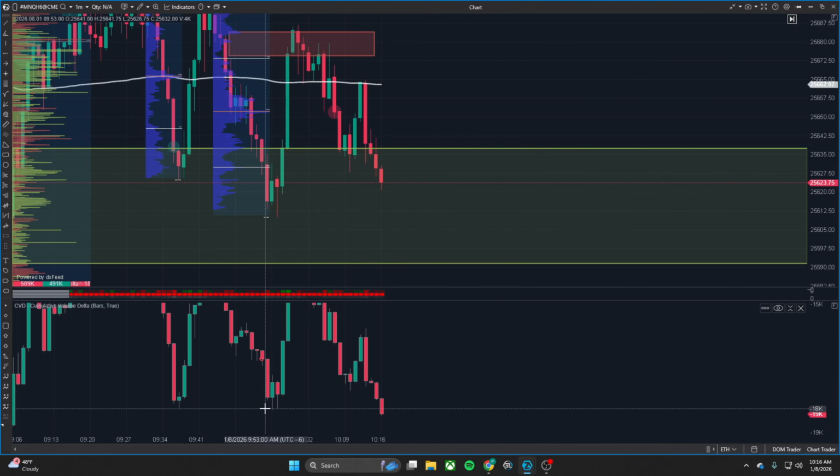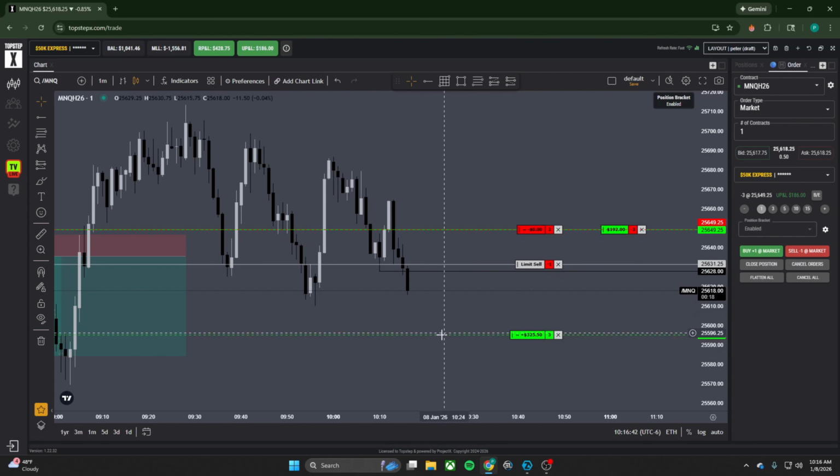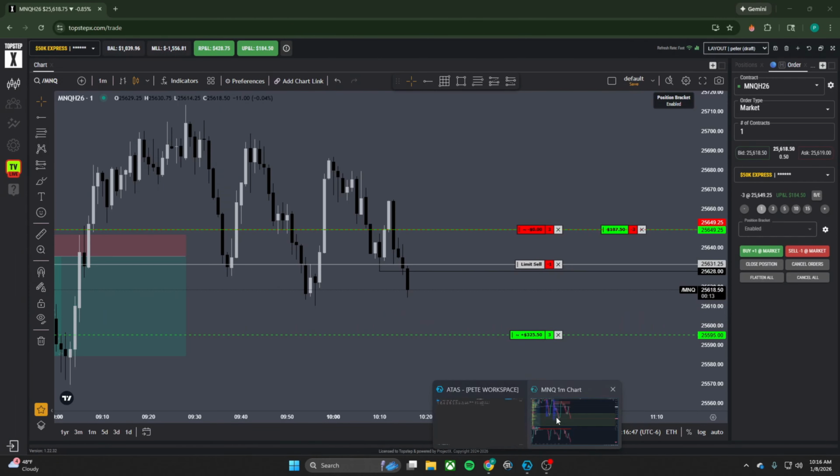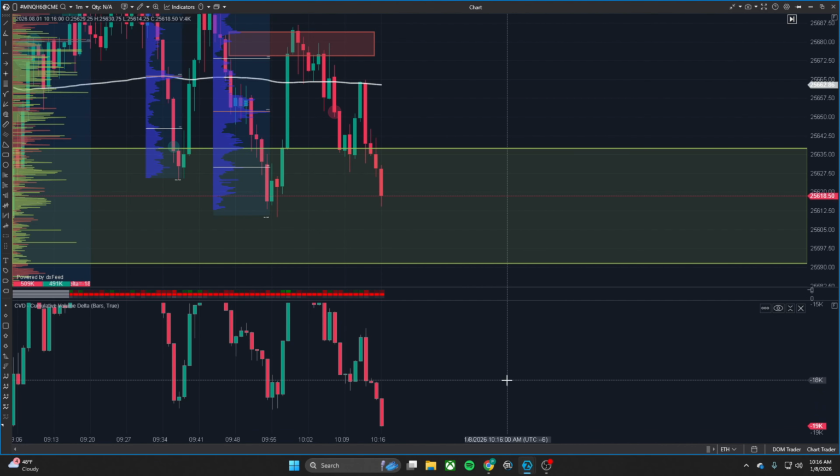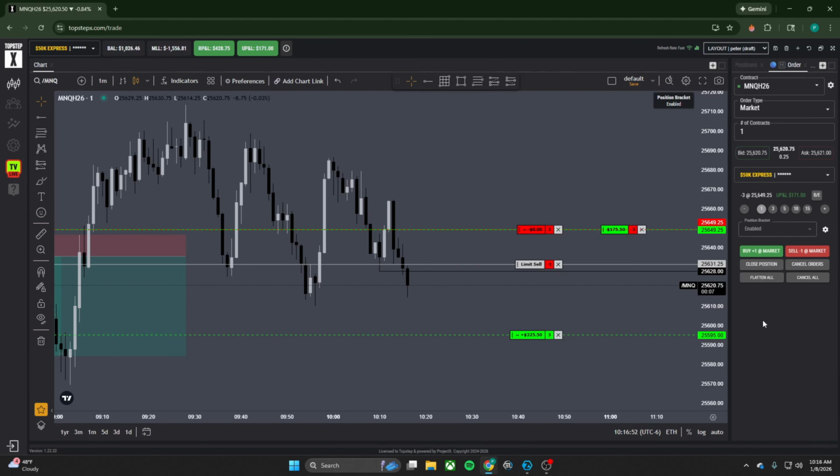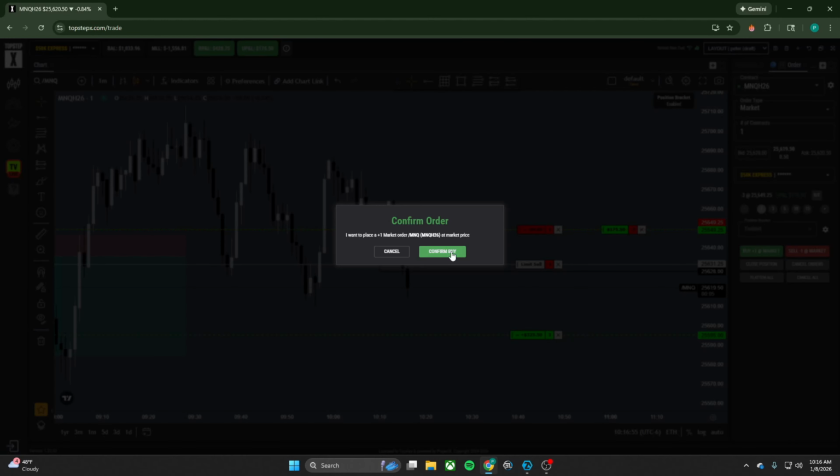So right now CVD is lower than this low, but we're higher on this, so I'm not liking that much. But it's alright. We could go lower. We'll see. So we're getting absorbed a little bit. I'm gonna buy one in here. Order filled.